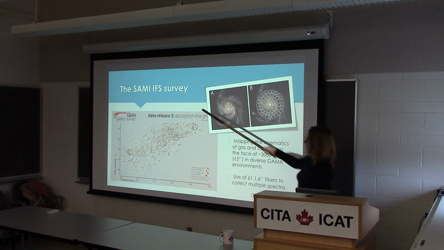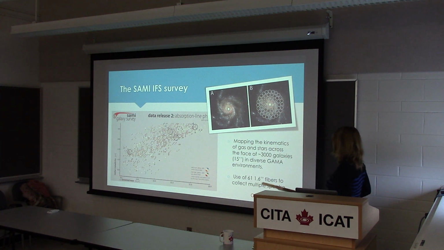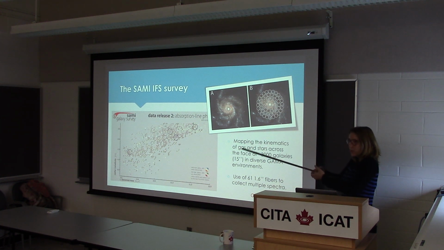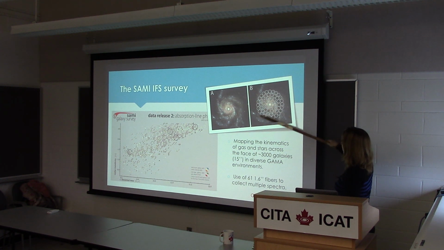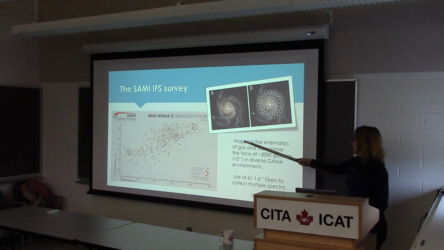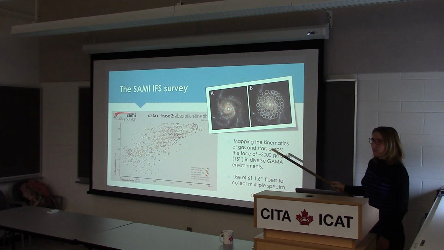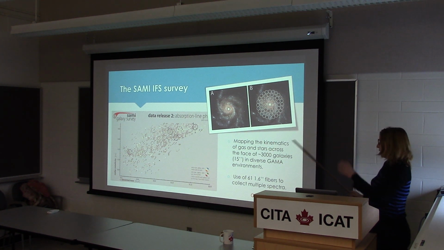It's an integral field spectroscopic survey, which means that we use around 60 different fibers, a bundle of fibers, to extract spectra across the entire face of the galaxy. So basically you have pixels and you have a spectrum for each pixel, which means that you're able to map the kinematics of gas and stars across the face of the galaxies.